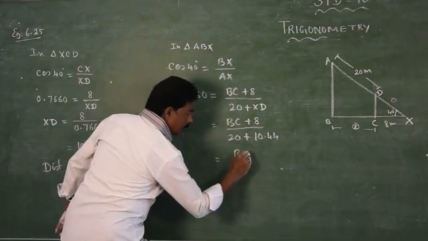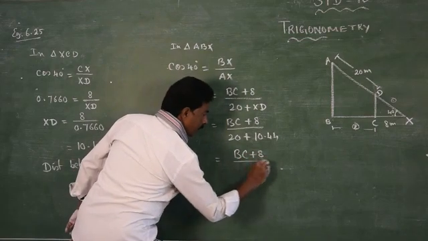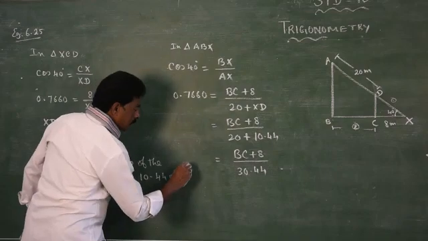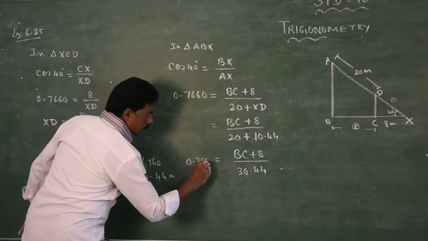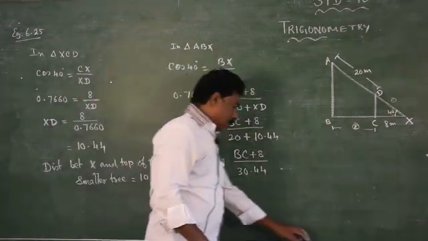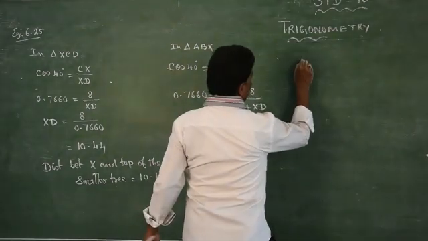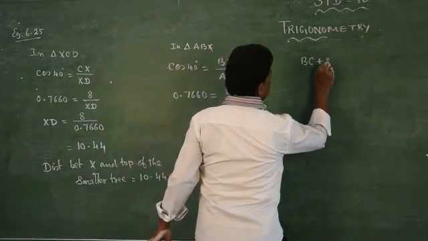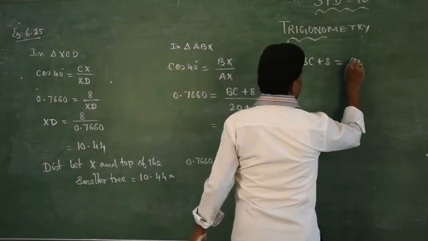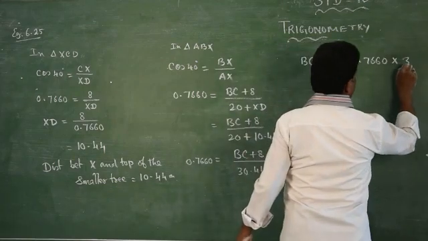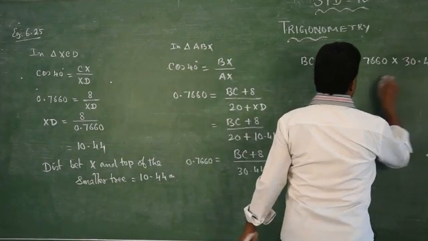XD is 10.44. So BC plus 8 by, when you add, 30.44, equal to 0.7660. When you cross multiply, BC plus 8 is equal to 0.7660 into 30.44.